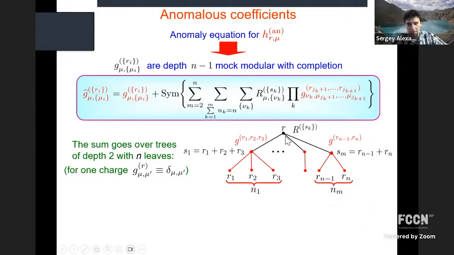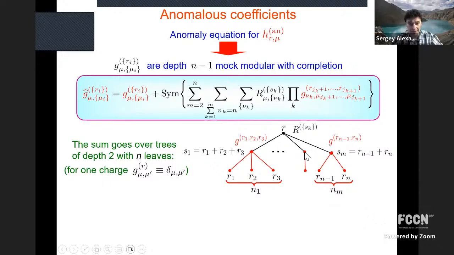Each tree gives a term in this equation, obtained by taking the product over all the factors associated to these vertices and multiplying by this function R associated to the root vertex. There is also a kind of normalization condition: if my function depends on just one charge, then by definition it is just a Kronecker symbol. For example, this factor will be assigned to this particular vertex.